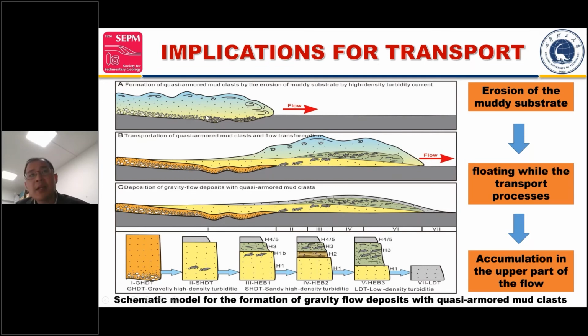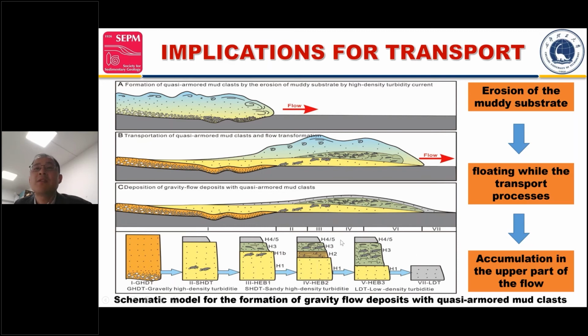Firstly, we think those quasi-armored mud clasts are mainly from the erosion by the granular or sandy high-density turbidity current. Those mud clasts will further float with the transport of the flow and accumulate in the upper part of the flow. The accumulation of the armored mud clasts will increase the strength of the flow and it will transform into a multi-debris flow, and finally result in the hybrid event bed.